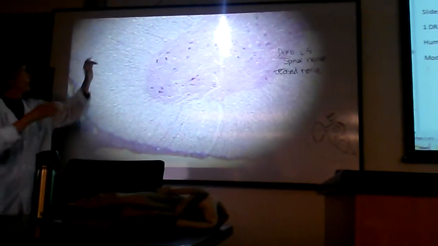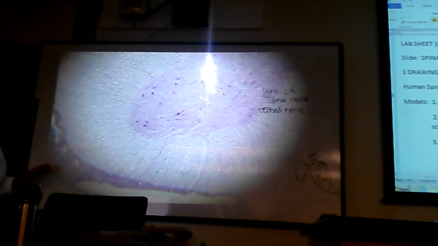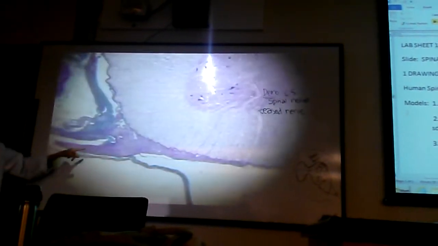And we don't see them cutting through here because the dorsal root and the ventral root are not at the same level. So we saw the dorsal root coming in, but the ventral root does not leave at the same level, so it's inferior. And so we can't see where these axons exit, but they do, and they form the ventral root.